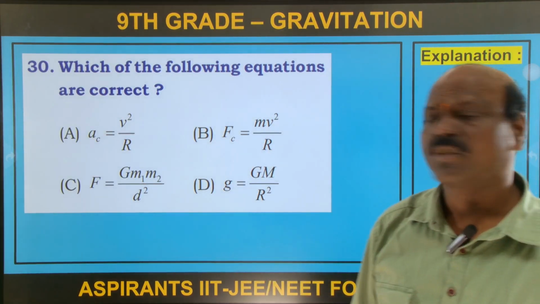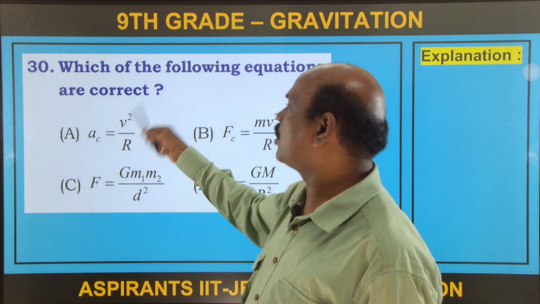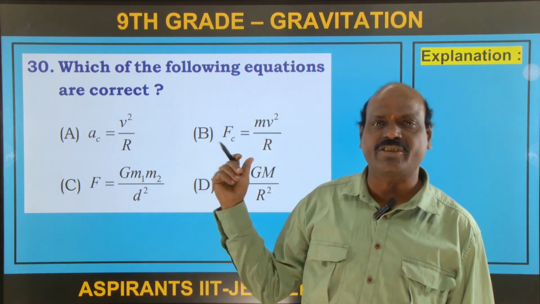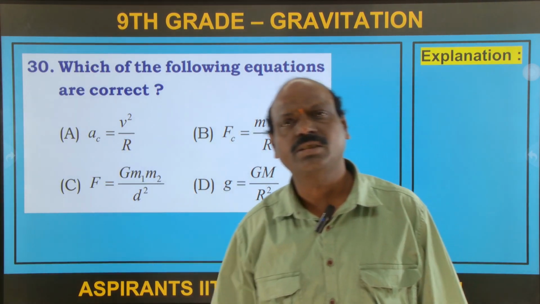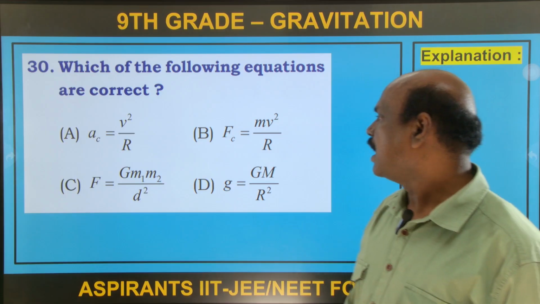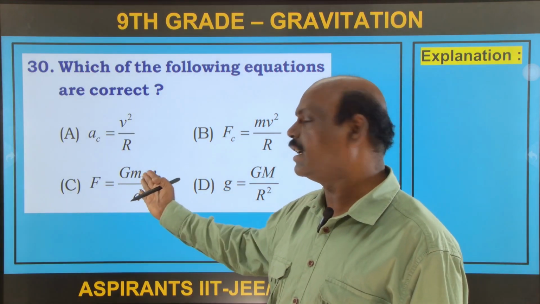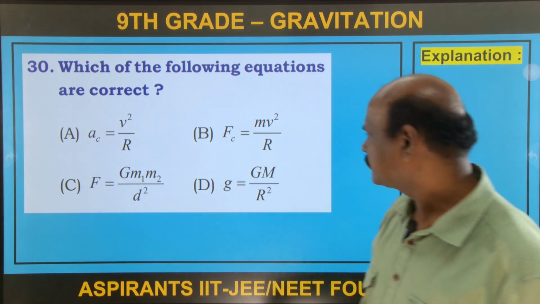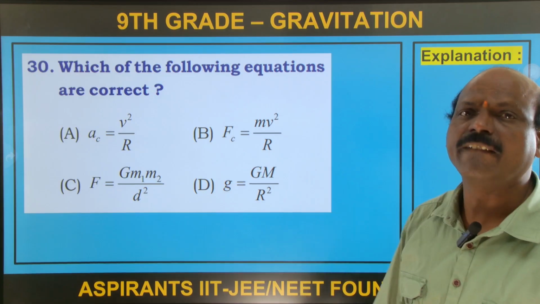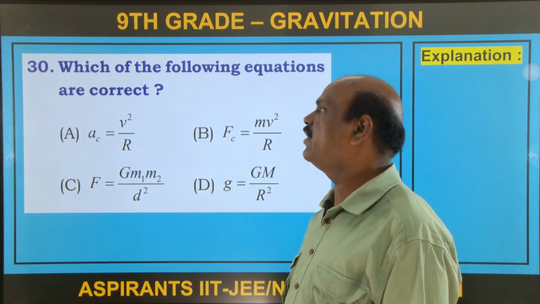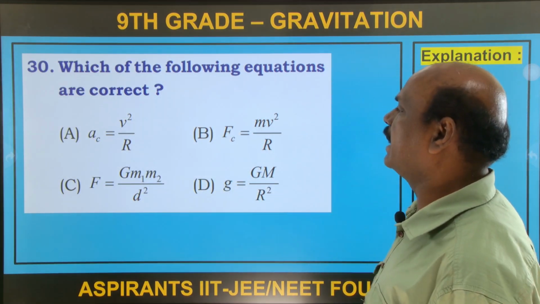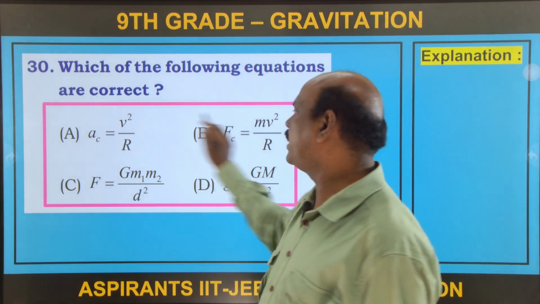Next, which of the following equations are correct? He has given some equations related to acceleration, related to force, related to the force between two masses, and acceleration due to gravity. So out of these equations, which are correct? If you observe, all the equations are correct.